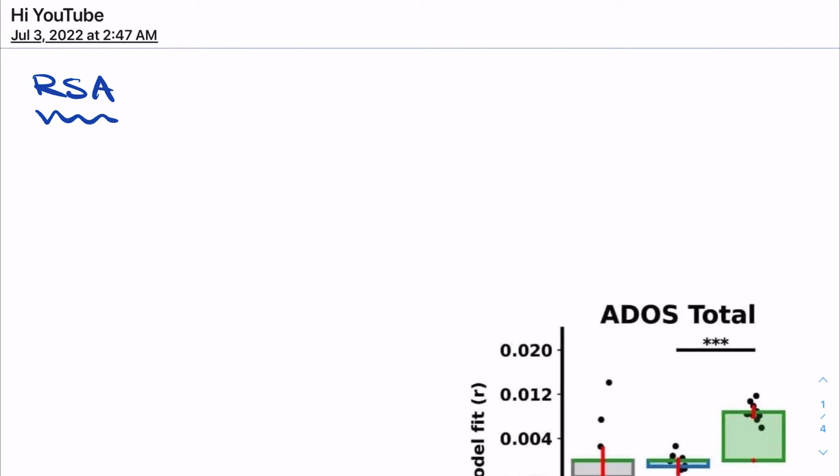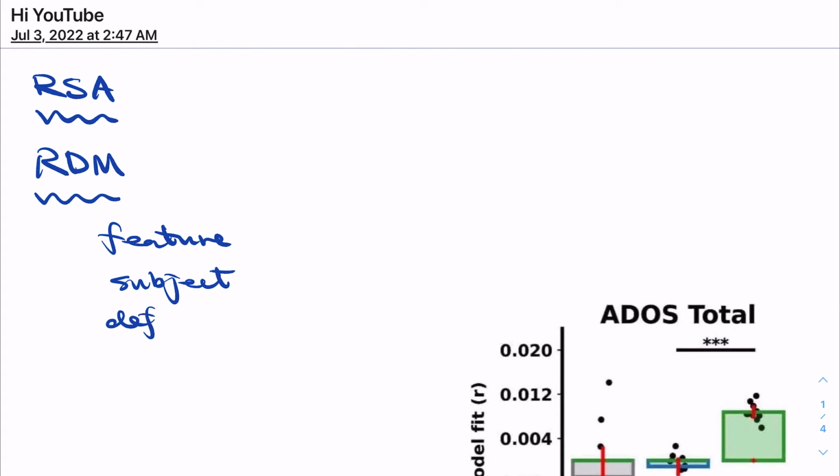Before introducing what RSA is, I would like to first introduce the idea of the representational dissimilarity matrix, aka RDM. Let us say we have a feature, a group of subjects, and the definition of similarity or dissimilarity for this feature.